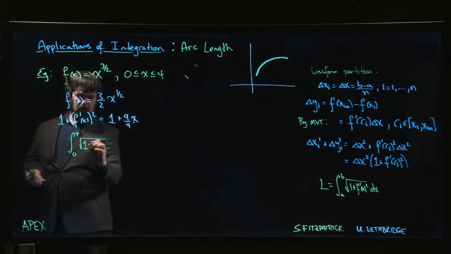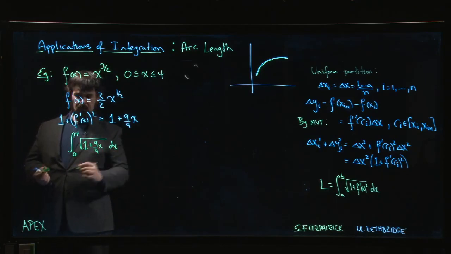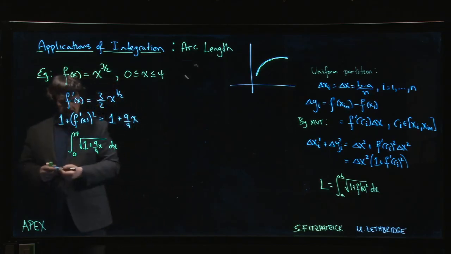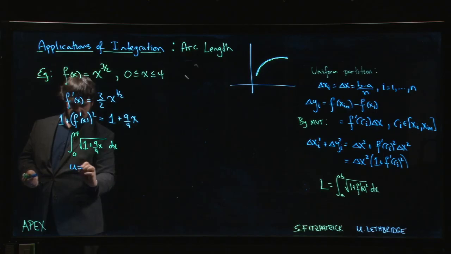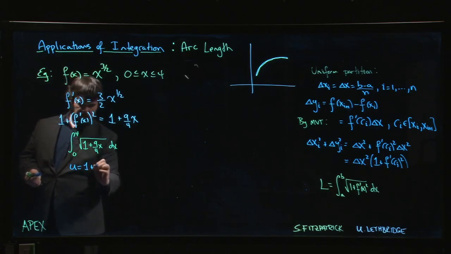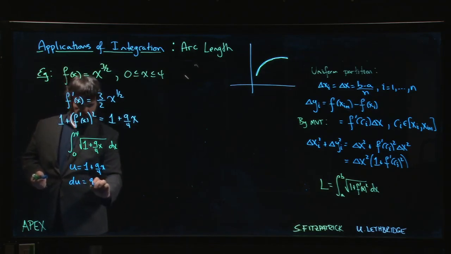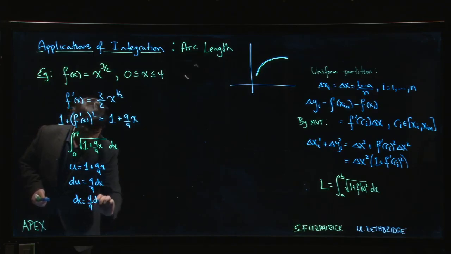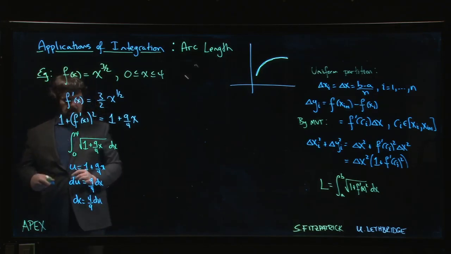We have the square root of 1 plus 9 over 4x. And we might as well set this up as a u substitution, right? So we'll let u equal 1 plus 9 over 4x. That means that du is 9 over 4 times dx, which is the same thing as saying that dx is 4 over 9 du.